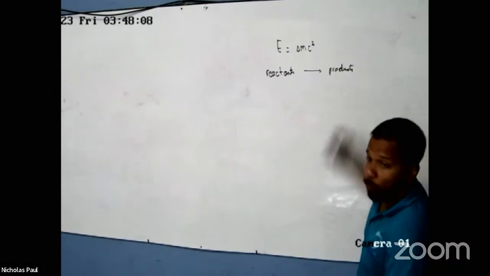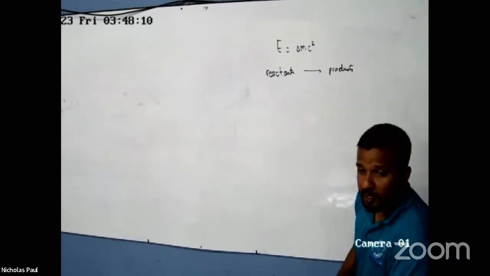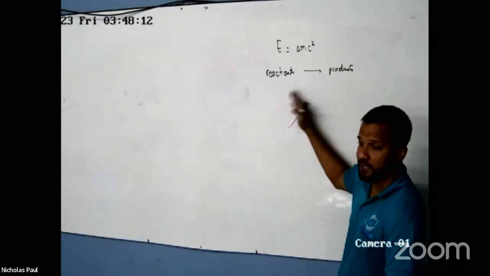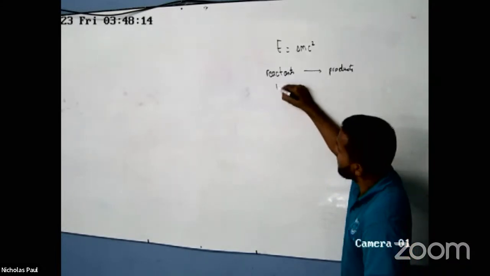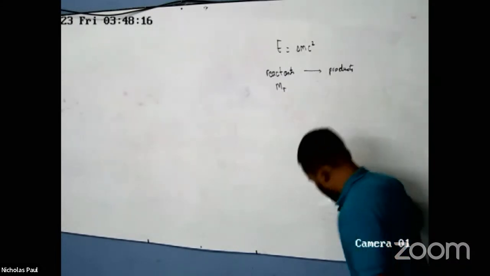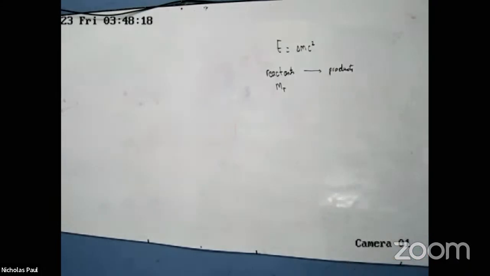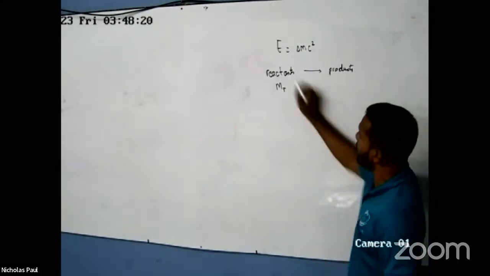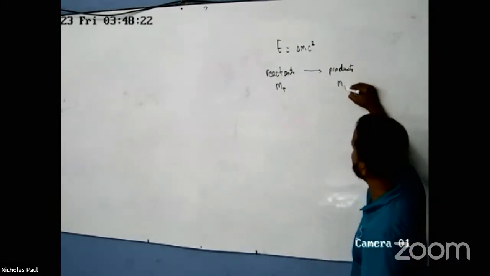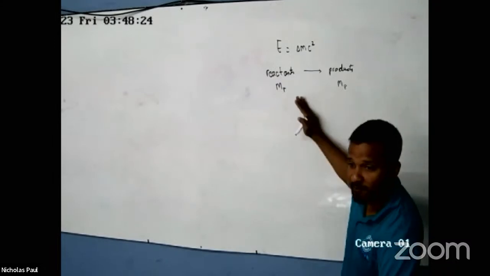Well, what Einstein discovered is that these masses are not the same. There is the mass of the reactants, and there is the mass of the products. These values are not the same.